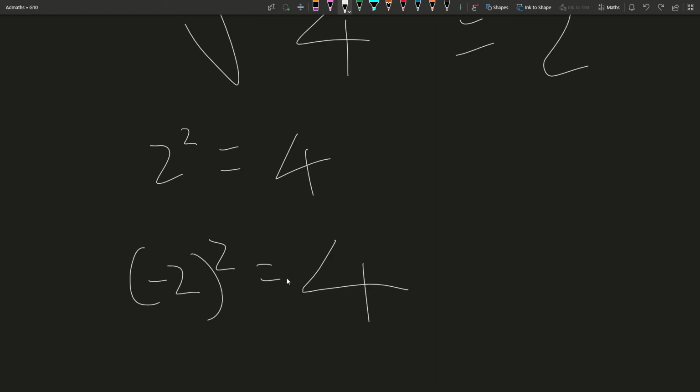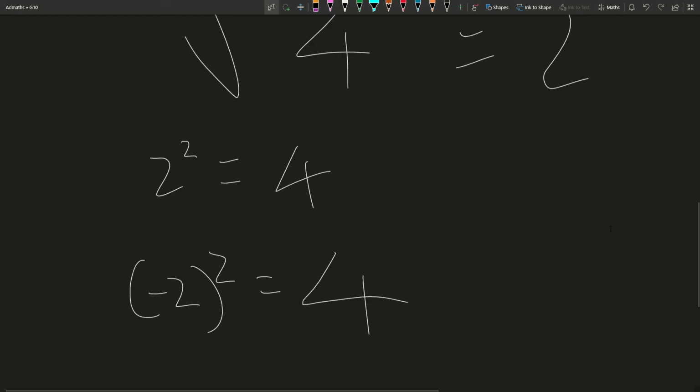And I'm not talking about just a negative being on the outside here. That doesn't count. I'm talking about inside the brackets. Is there any number you could have which would give you, instead of positive 4, negative 4? No, there isn't. There is no such number which would actually work like that.